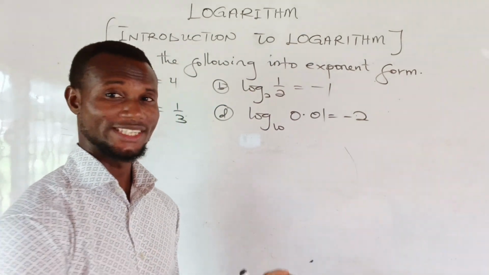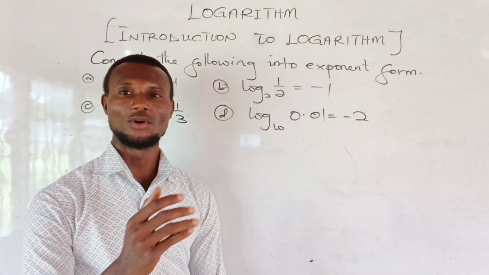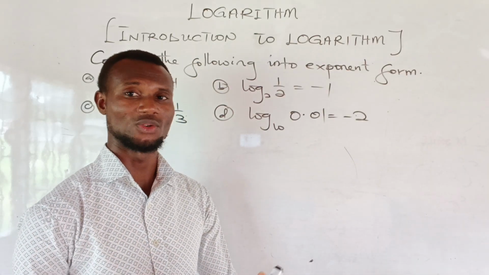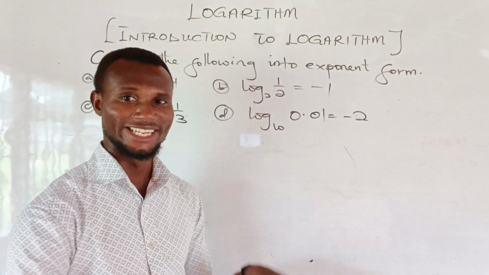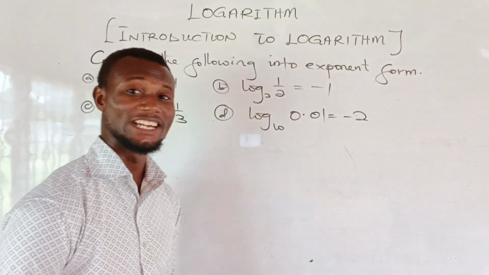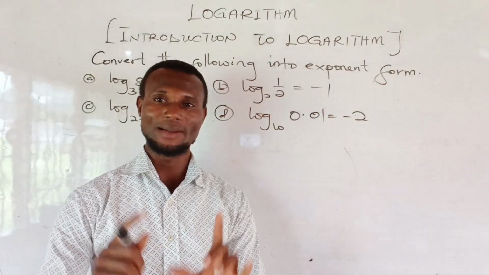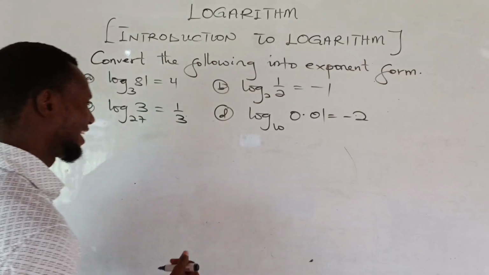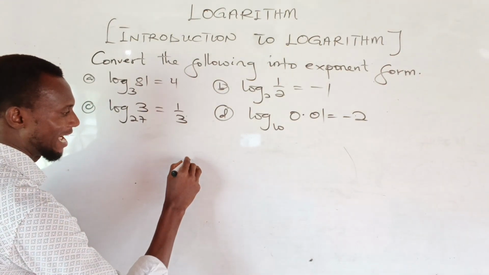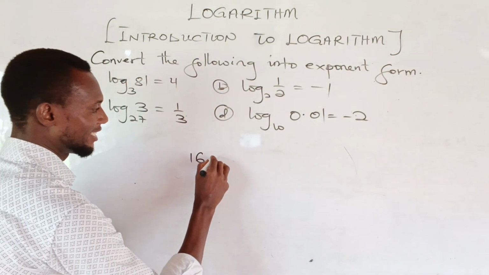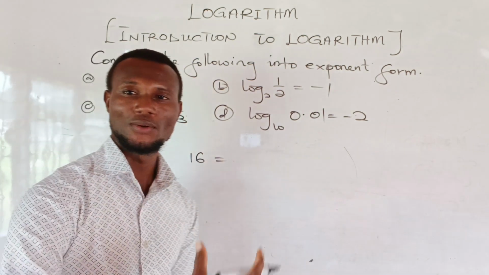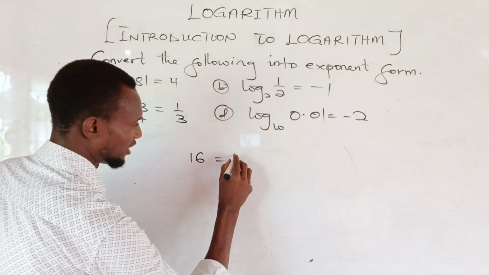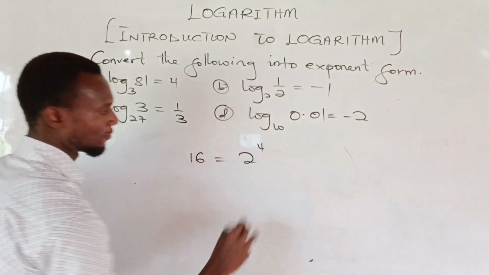Now, before we start to solve it, I want to do a quick recap on what we learned in the first video, so that it will help you to easily understand this one. In the first video, we explained the definition of logarithm, and we said that, for example, 16 can be expressed in index form, and 16 in index form is 2 to the power 4.